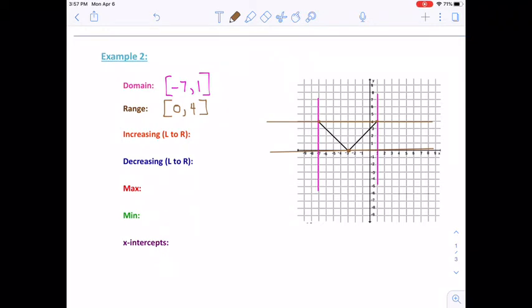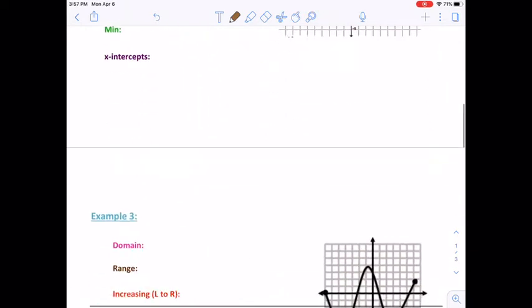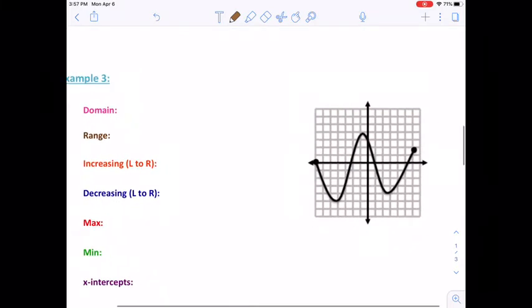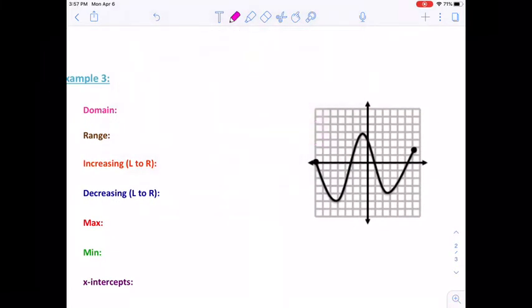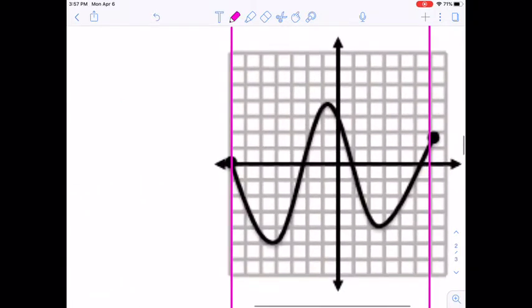Let's go on and look at domain and range on example 3. Domain from left to right. The farthest left is right here, and the farthest right is over here. So what are the numbers?